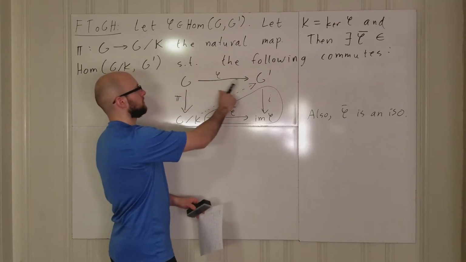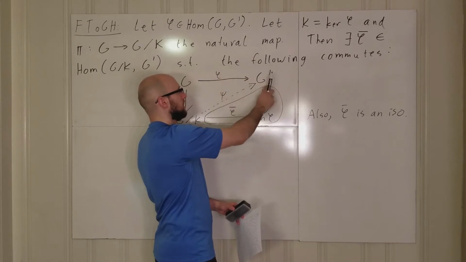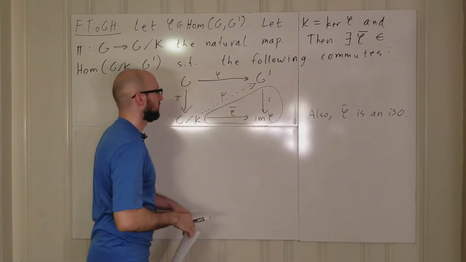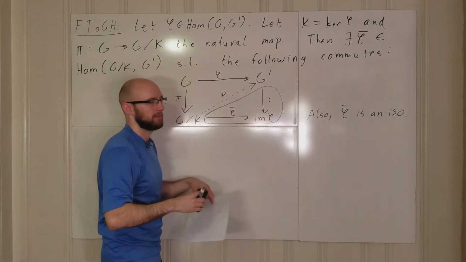And if this is surjective, we can just replace G prime with the image of phi, if that makes sense.